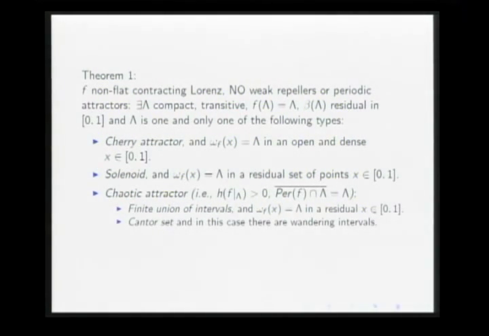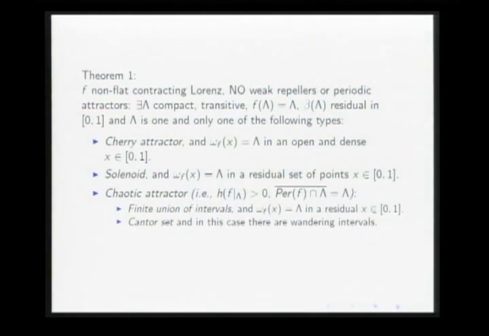Okay? That can be a cycle of intervals, or perhaps a Cantor set. In this case, you will have wandering intervals. Perhaps these do not exist. Perhaps we can prove later that this kind of object does not exist, but at least at this point, this is the classification we have in this case. Okay?